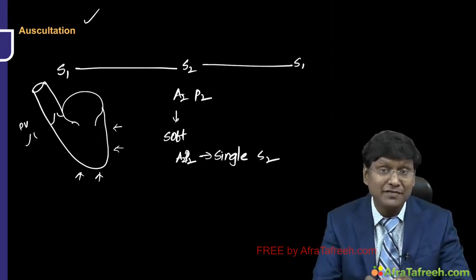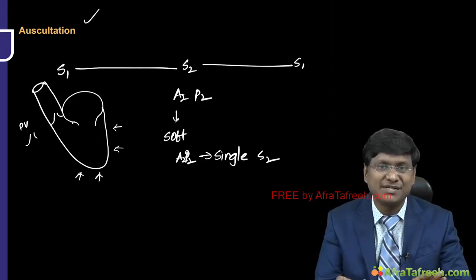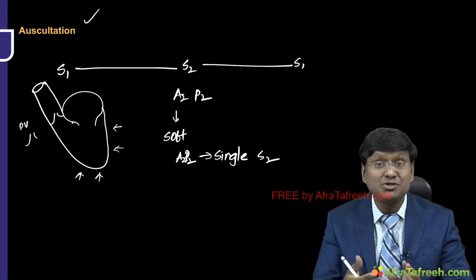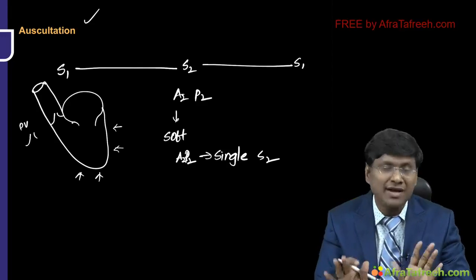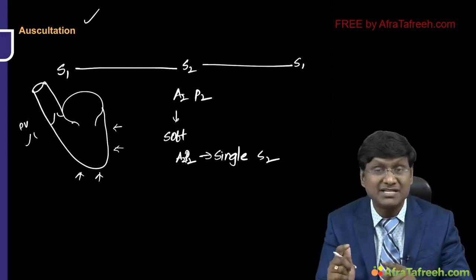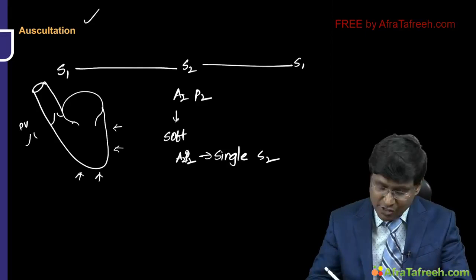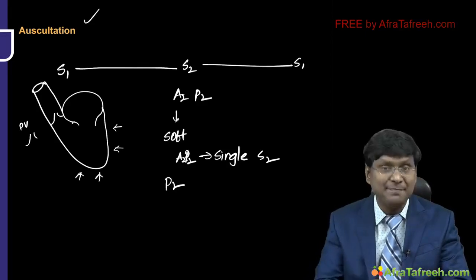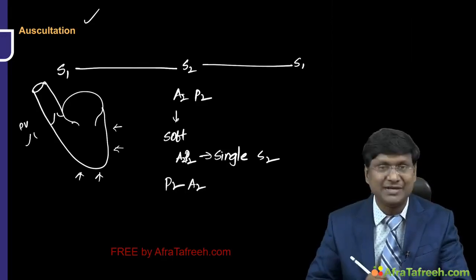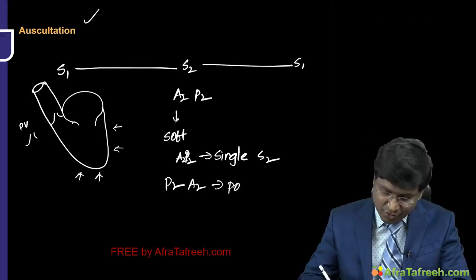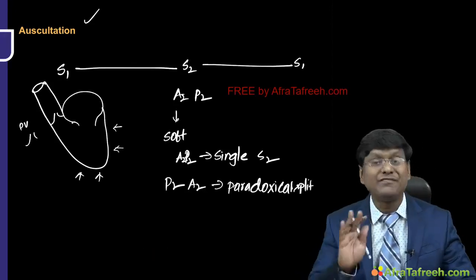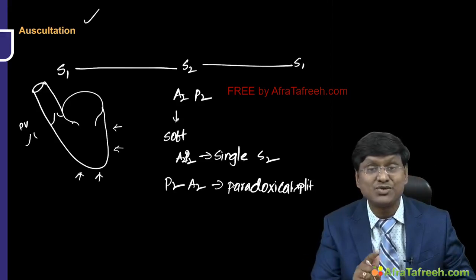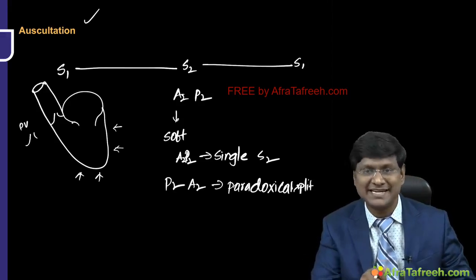And at one point, in very severe aortic stenosis, the duration of the LV contraction is so prolonged that the right ventricle contracts, but the LV is still contracting. In such a case, you will hear P2 first and then followed by A2. And this is what is called paradoxical splitting of the second heart sound.